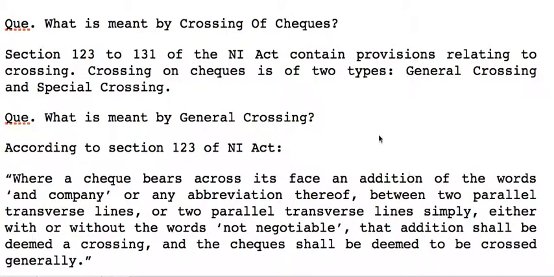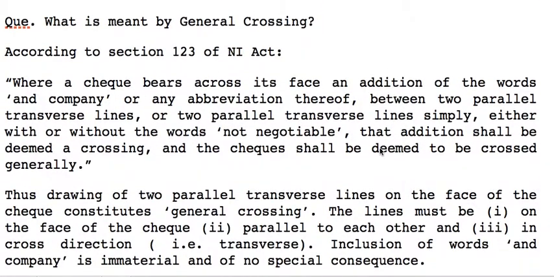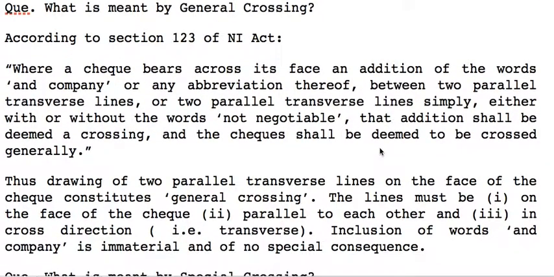Now we'll talk about general crossing. General crossing is covered under Section 123 of the NI Act. What does the definition say?